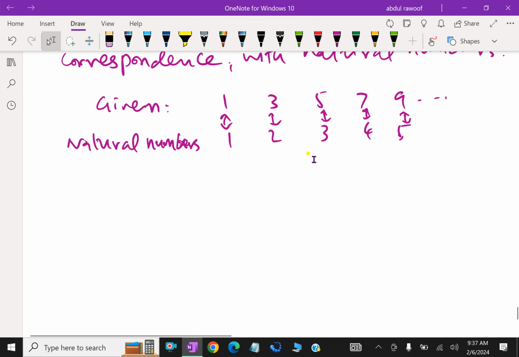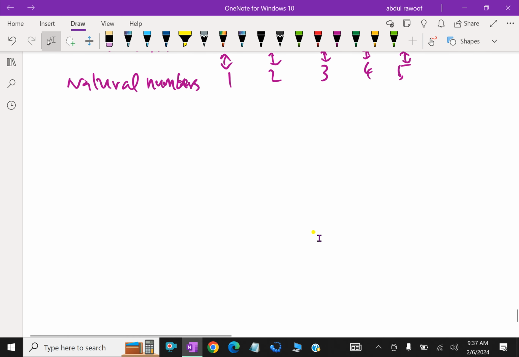A set is infinite if it can be placed in one-to-one correspondence with a proper subset of itself. An infinite set which is countable is called countably infinite. Regarding the natural numbers, the first number is 1, the second number is 3, which means the set of odd natural numbers is countable. 1, 3, 5, 7, 9 goes up to infinity. This is a one-to-one correspondence, so it can be counted: first number, second number, third number, and so on.